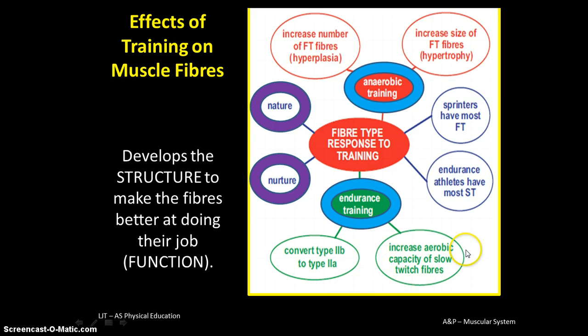And obviously you then make your aerobic slow oxidative fibres work better. So remember that you need to know structural characteristics and separately functional characteristics of all three of the types of muscle fibre. So make sure you can link how they're built to the job they need to do.